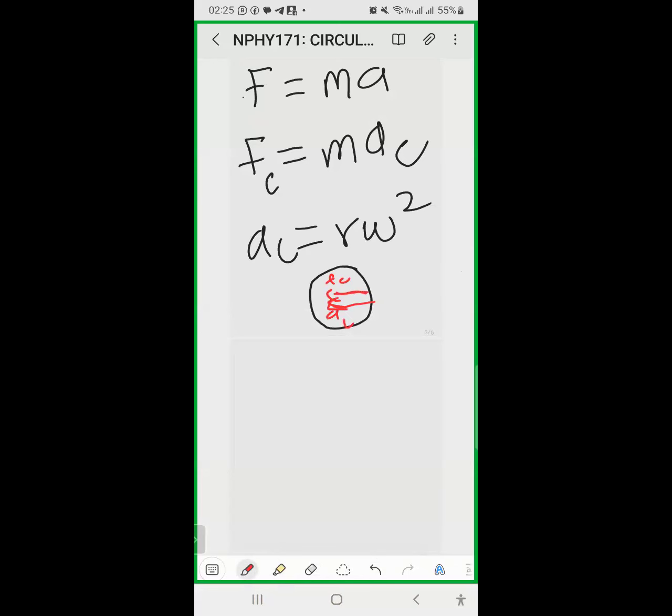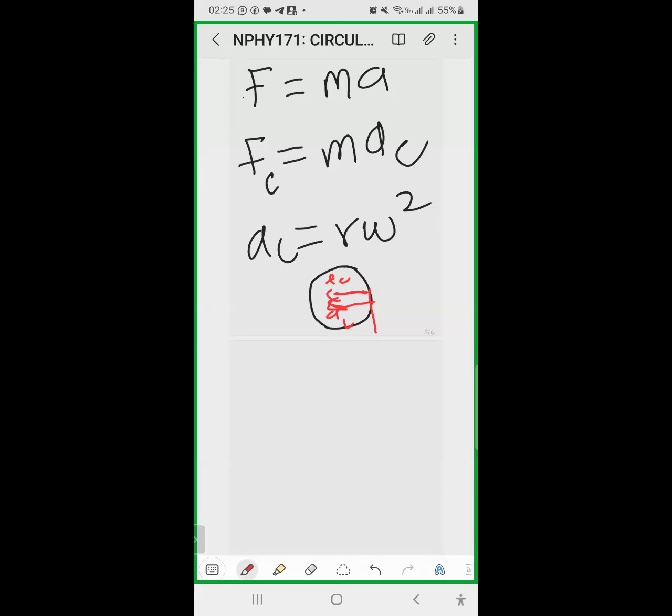This centripetal force induces the centripetal acceleration, which causes the object to move at a certain speed known as the angular speed.